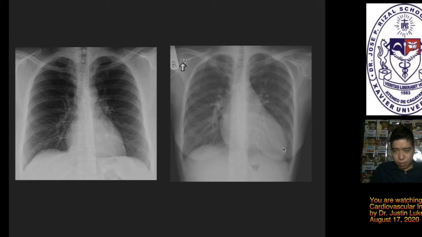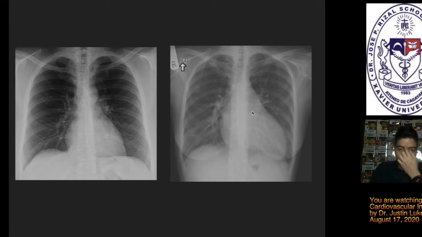It's around this area. If you compare it to a normal radiograph, the cardiac apex will be situated around this area. So what happens is that there is inferior and lateral displacement of the cardiac apex. That is one clue that the patient has LV cardiomegaly.